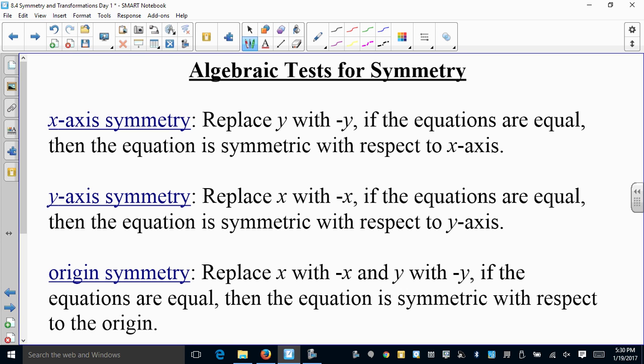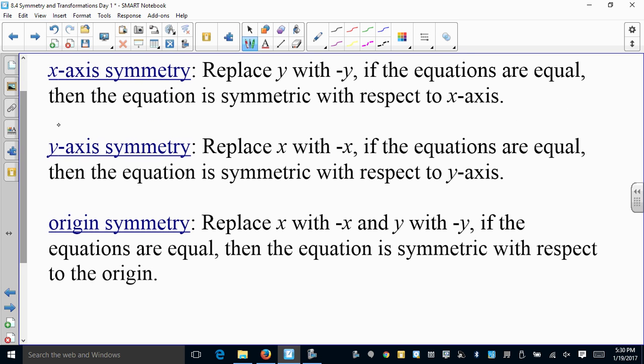If you want to look for y-axis symmetry, replace x with -x. If you get the same equation, it's symmetric to the y-axis. And if you change both of them and you get the same equation, then it's symmetric to the origin.